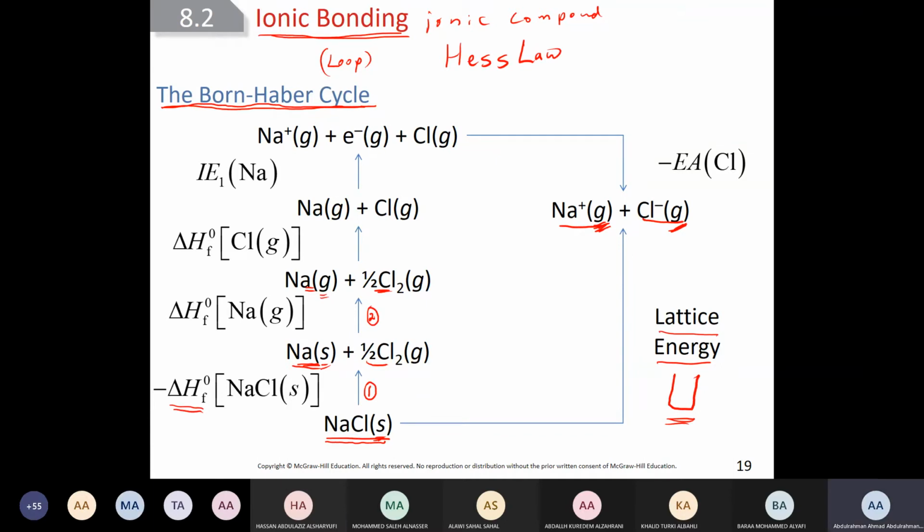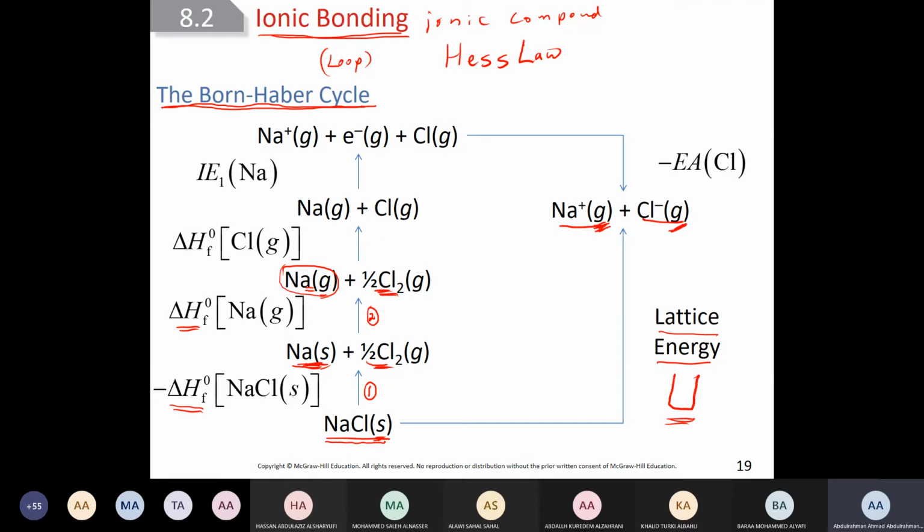Heat of formation. It's making this from what? Not a compound, this time it's an element, from naturally occurring elements. And we did not include anything about the chlorine because nothing changed in chlorine.